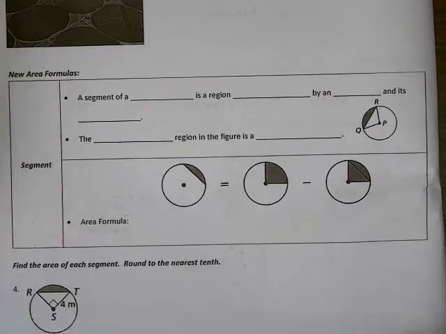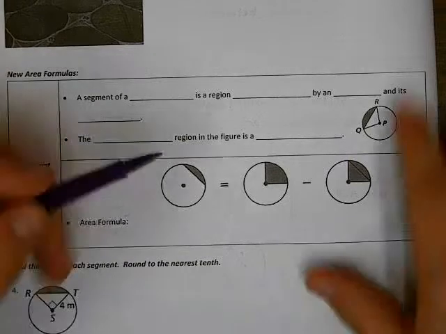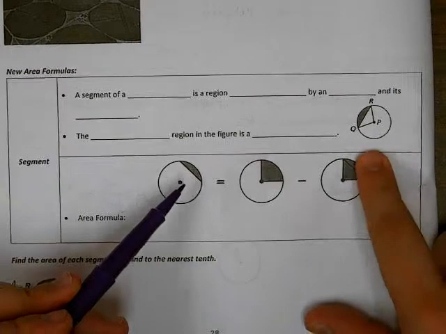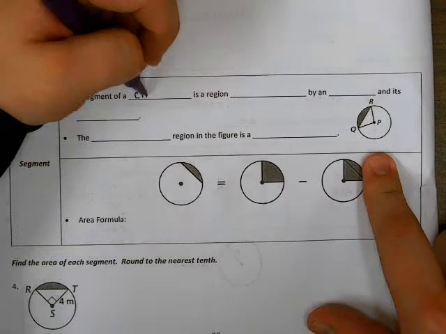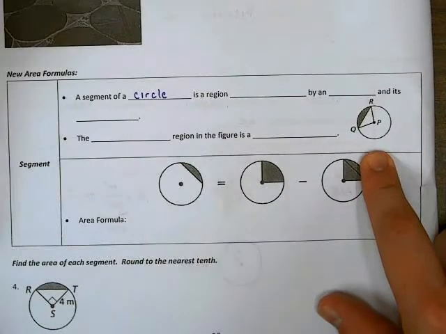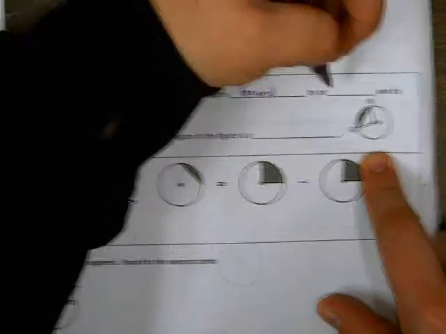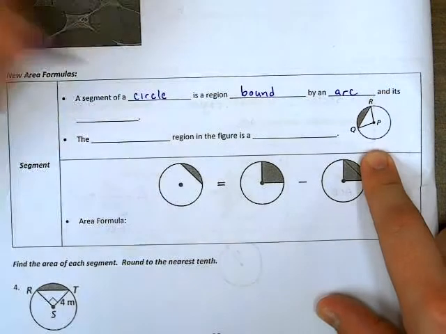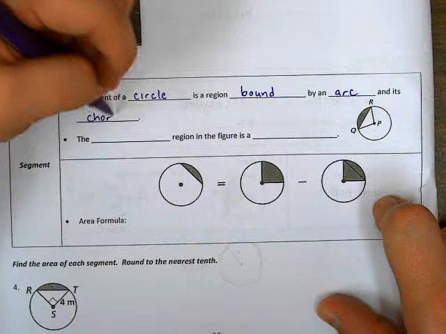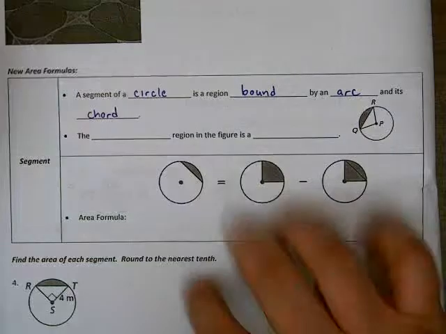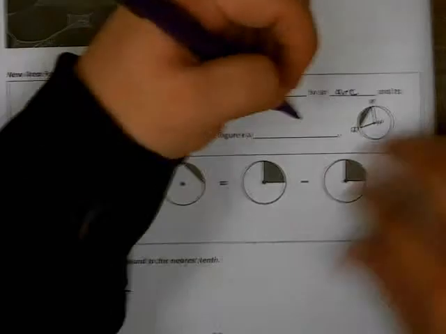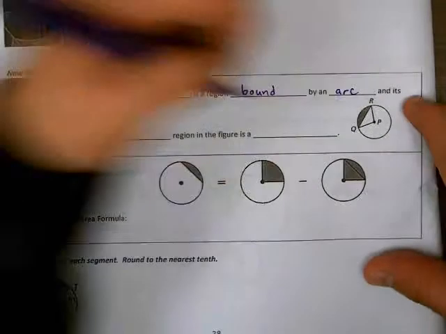A segment is right here. Okay, a segment of a circle is a region bound by an arc and its chord. And we have not necessarily talked about the word chord. A chord is basically like RQ.